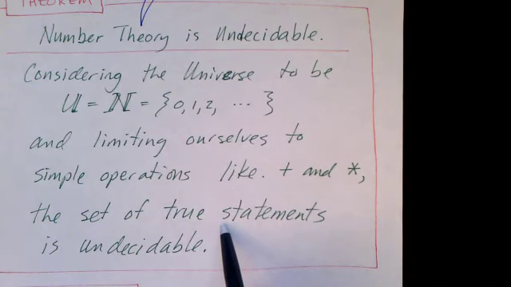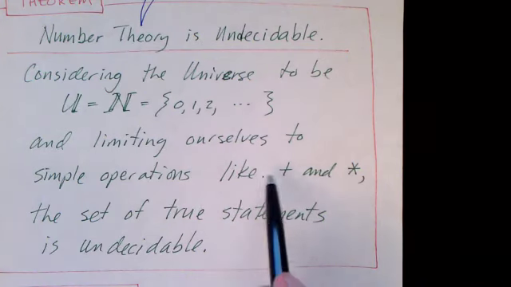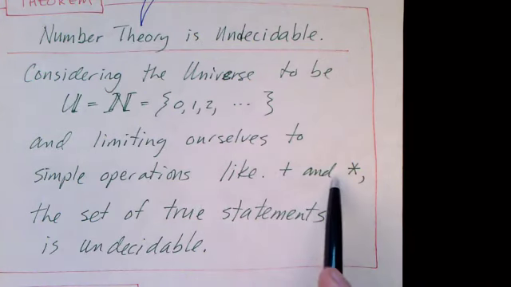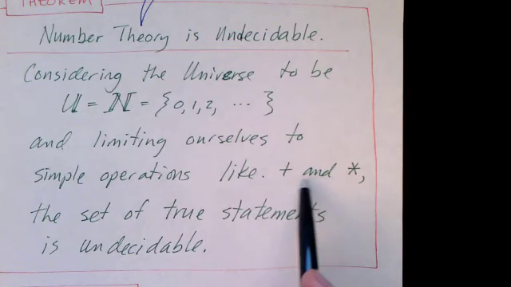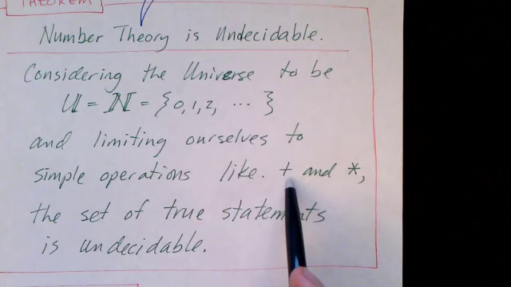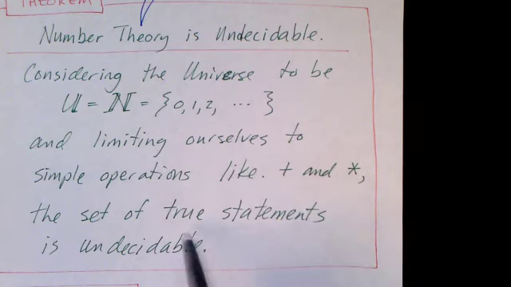So given a statement from number theory, using simple operations like plus and multiplication, there is no computable procedure to determine whether the statement is true or not. We can look for a proof and we might find one, or we can look for a proof that it's not true and we might find one, but the set of true statements is undecidable.